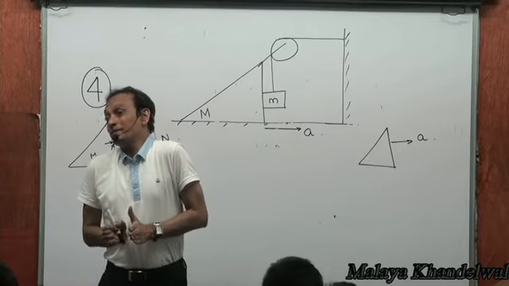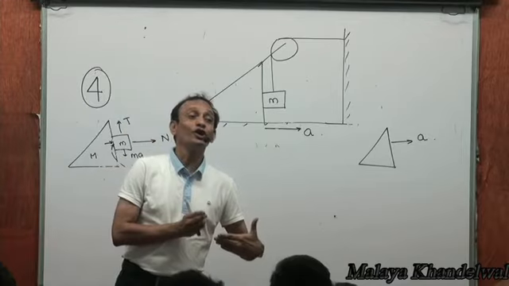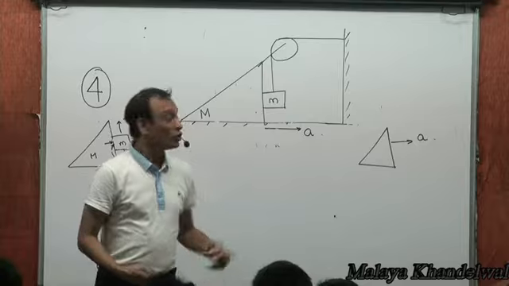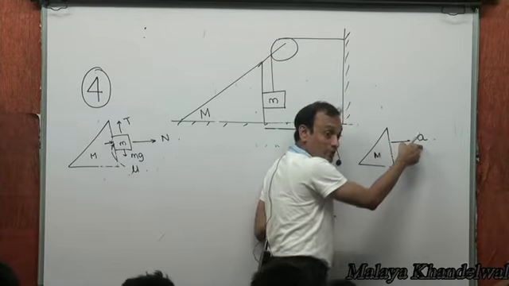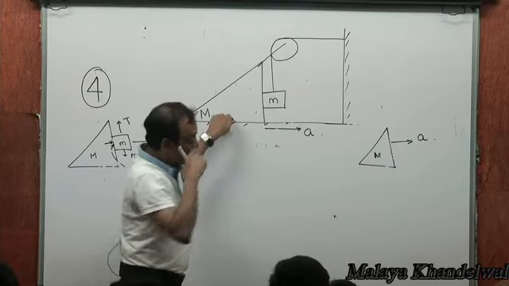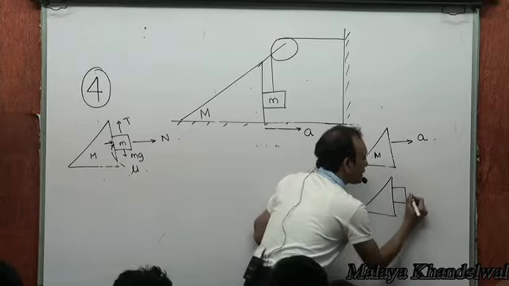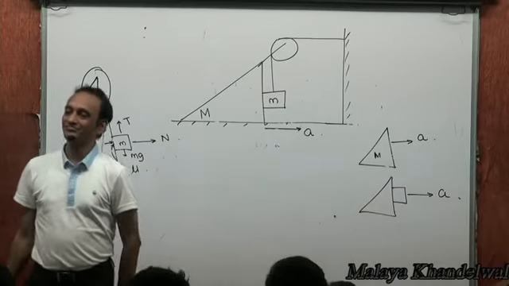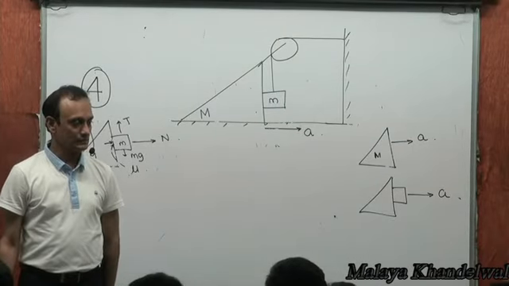If two bodies have to maintain contact, then their kinematic status along their common normals must be the same. Yes or no? So, if capital M has an acceleration a to the right, which is along the common normal, which is given, right? Then small m, its rightward component of acceleration must be a.